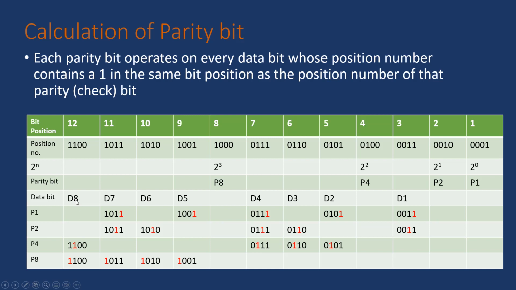So the fourth parity is going to calculate data bit positions 2, 3, 4, 8. And 8 is here, its fourth position is 1. So we keep all the 5, 6, 7, 8. Okay, so that means parity bit 8 is going to calculate all these four positions of data bit.